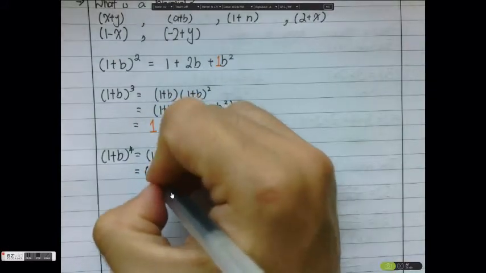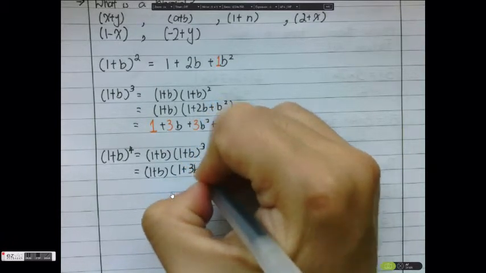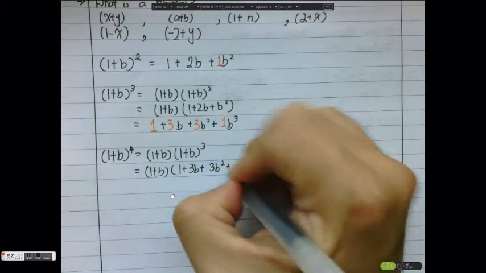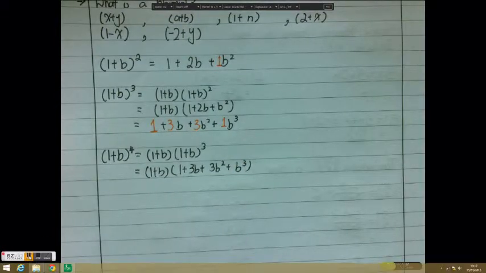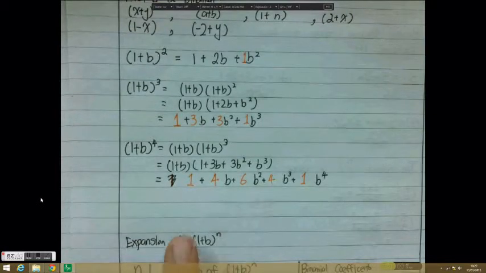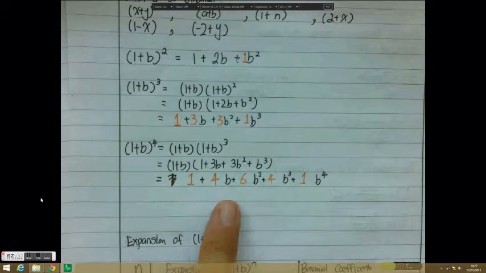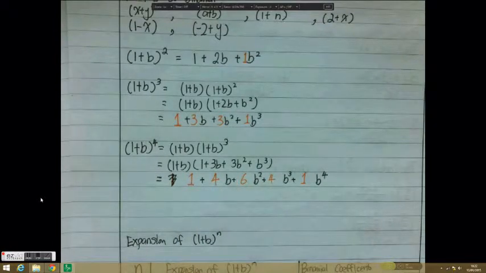So we get 1 plus b times 1 plus 3b plus 3b squared plus b cubed. This is what we got from the previous. If you have expanded everything correctly, you should get 1 plus 4b plus 6b squared plus 4b cubed plus 1b to the power of 4.